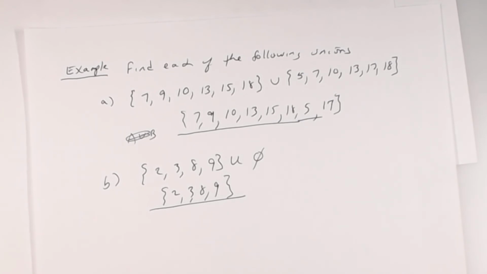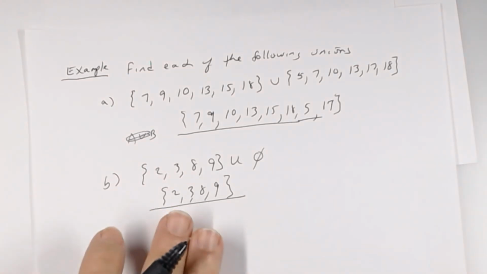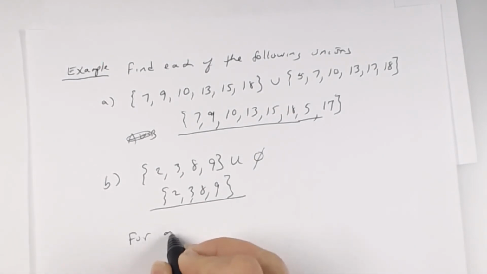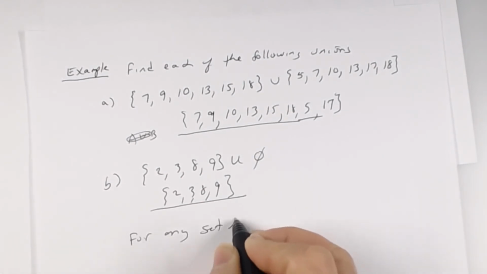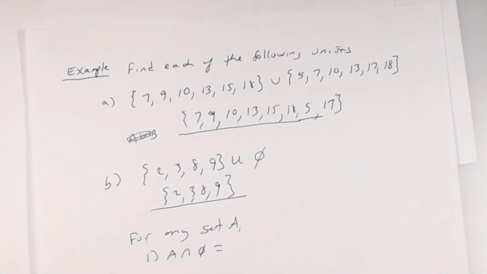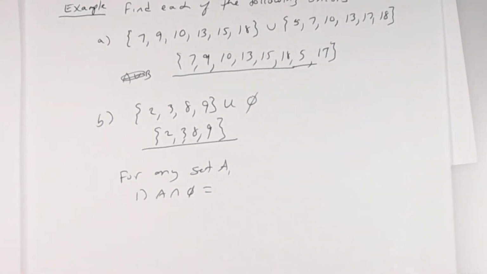So basically, I want you to think about what we just did with the empty set. Okay, listen carefully. For any set A, here's what we just saw. A intersect the empty set was what? Come on, guys. A intersect empty set. The empty set.